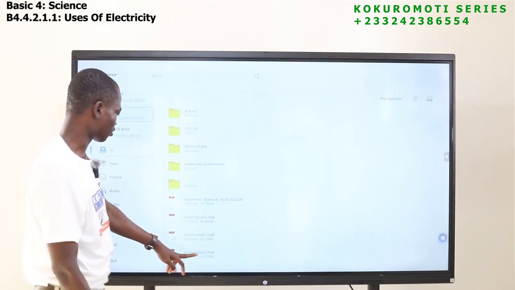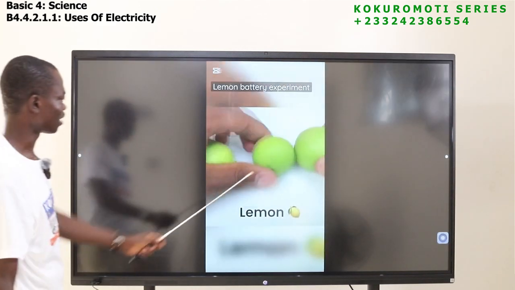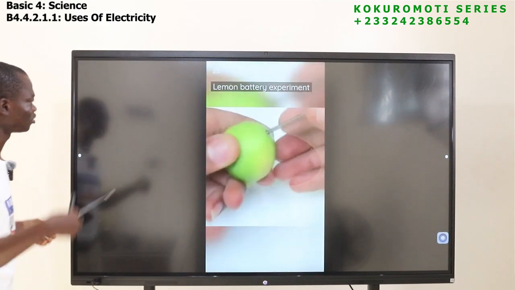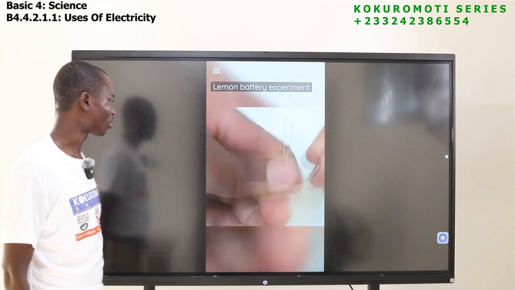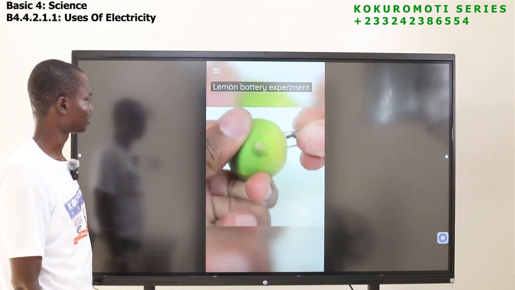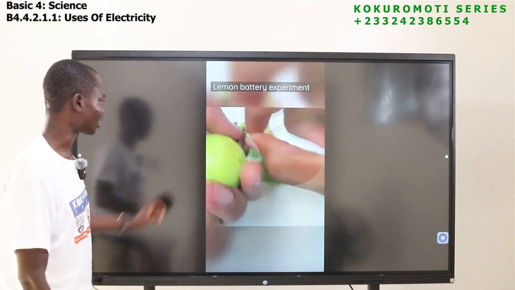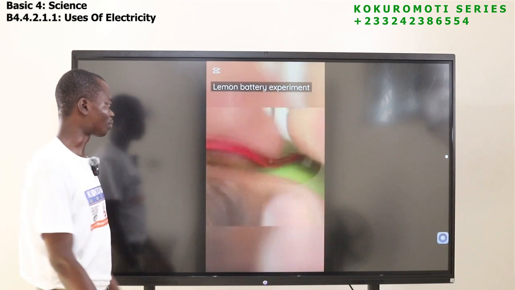So let's look at the second one. Have you seen it? Okay, so how many lemons do you have here? We have 3. Now you insert a nail and another copper wire. You also fix it. So each of the lemons, you fix it like this. After that, you connect all of them with copper wire.